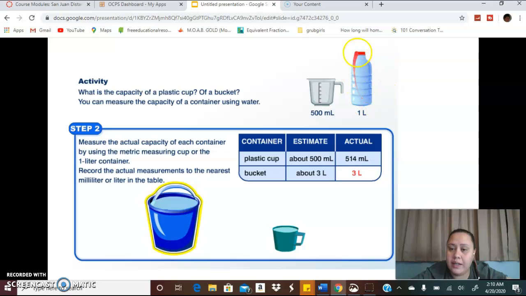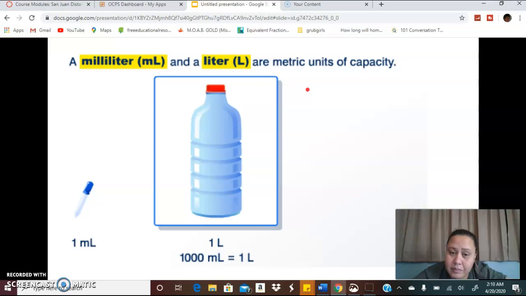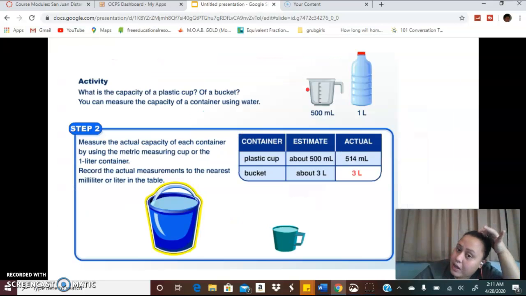We can choose a 1 liter bottle, or we can choose one of these measuring cups that you might see in your home, which is 500 milliliters, which, if we remember from slide 1, 1,000 milliliters equals 1 liter. So that would mean 500 is half, okay? So this is basically half of 1 liter.